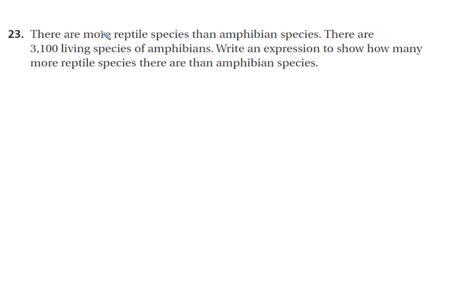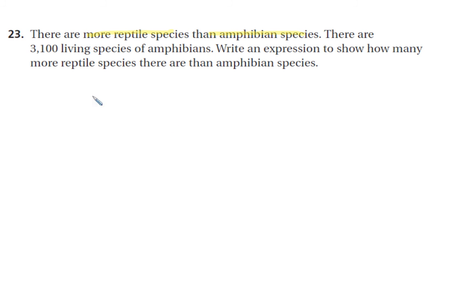23 here. There are more reptile species than amphibian species. There are 31,000 living species of amphibians. Write an expression to show how many reptile species there are. So I'm going to just write an equation.